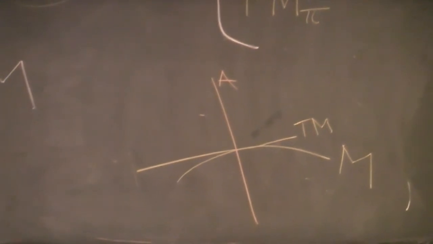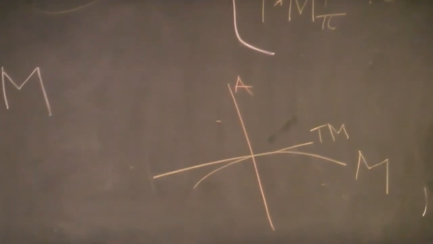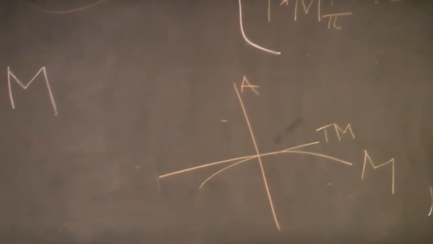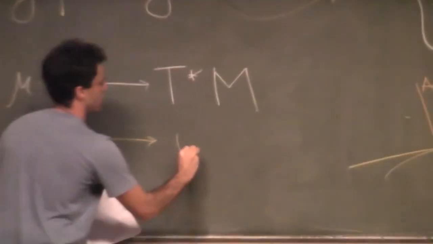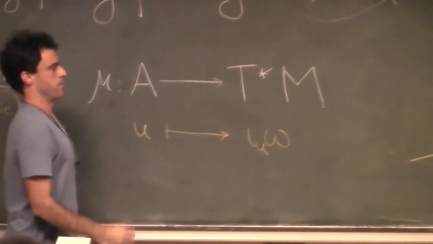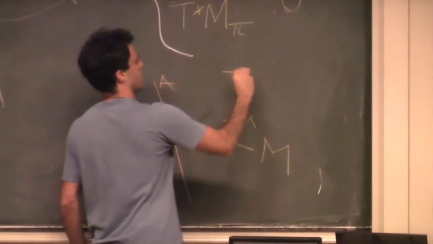And so what you do is this. If you start with an element of the Lie algebroid at a point, then you contract it with the symplectic form.